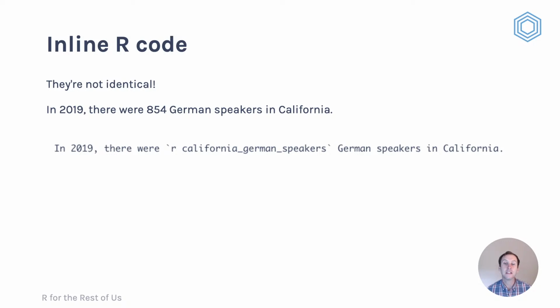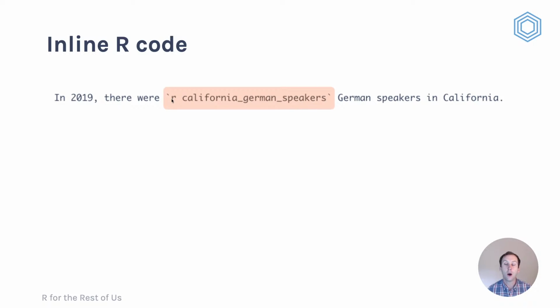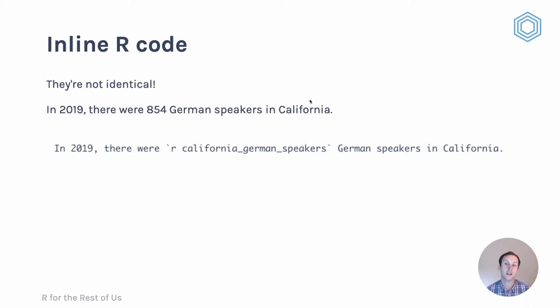And what happens here is that when I use this format, see how I've highlighted the backtick R California German speakers? It actually applies the code. So California German speakers here is actually a variable that you would create that would have the number of German speakers in 2019, in this case 854.